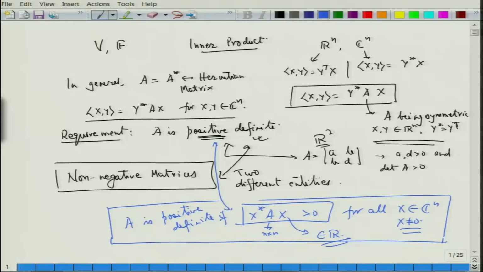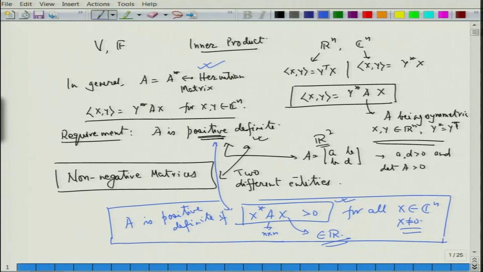So when you say that x star Ax is positive, at the back of my mind I already have that x star Ax is a real number, fine, and that is guaranteed because A is A star. But in many books you won't get the requirement that A equal to A star, because x star Ax being a real number will imply that A has to be equal to A star, fine. But when you are looking at real numbers, then you need that A has to be symmetric.